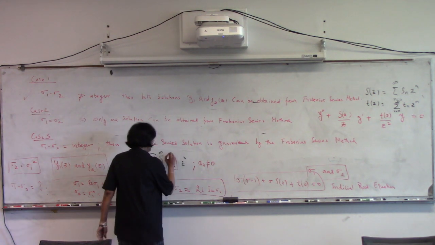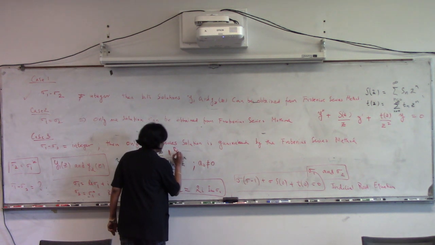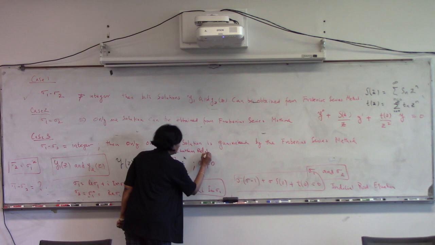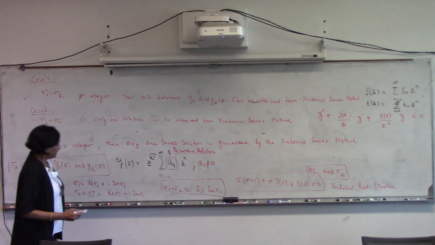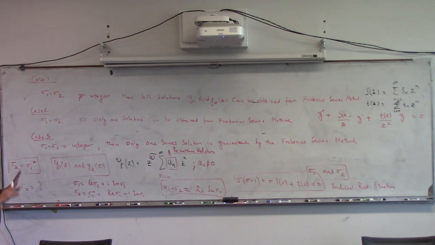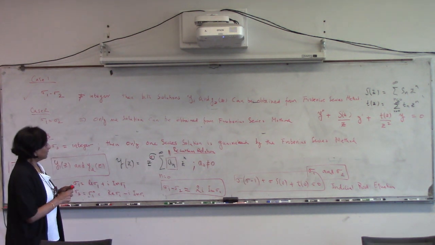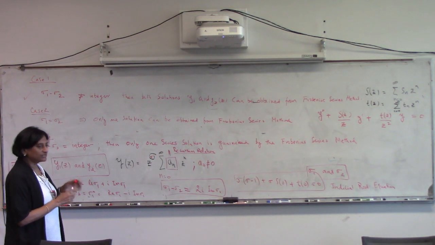Okay, so this way we'll always get it from the recursion relationship. I'll do that through an example rather than repeating the steps.